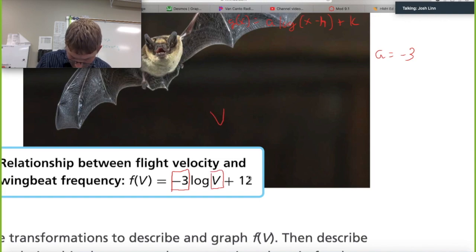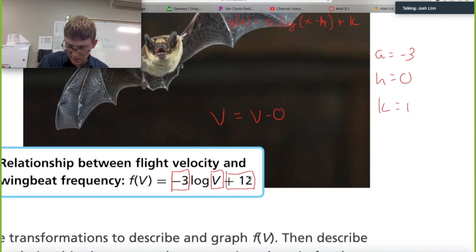So v is the same as v minus 0, which goes along with that part of our function. So that means that h is equal to 0. And lastly, this plus 12 goes along with plus k. So that means k equals 12.